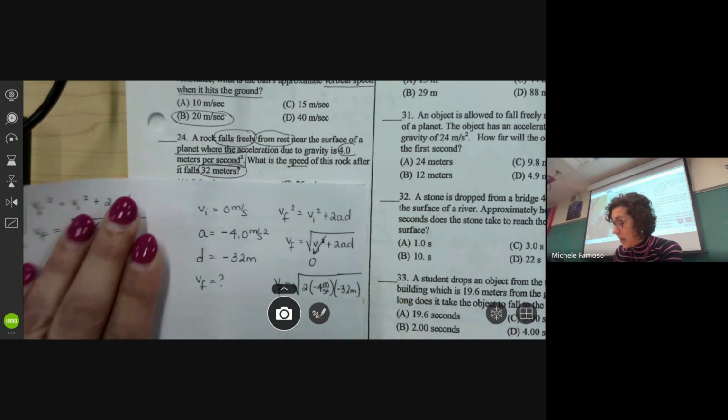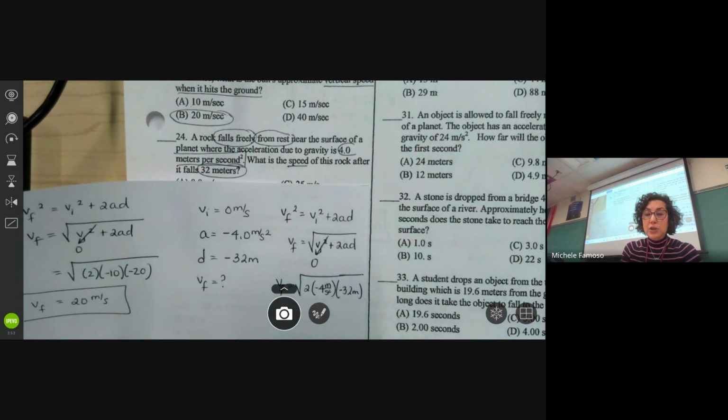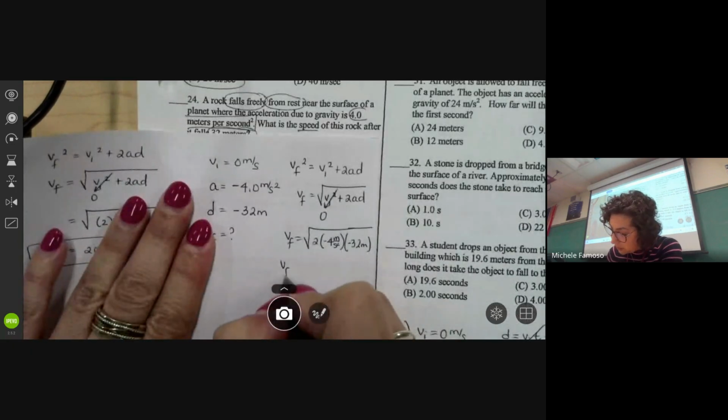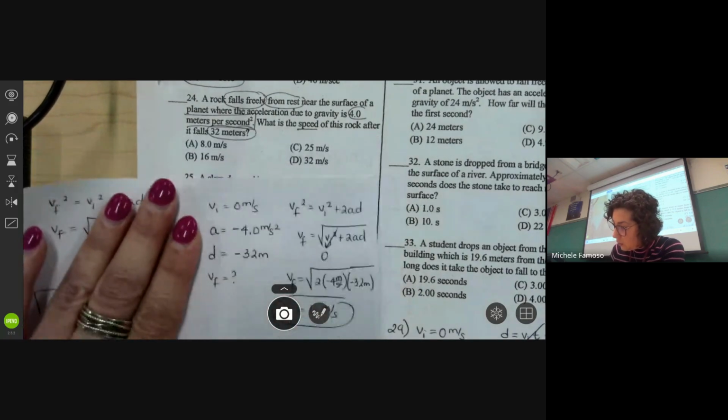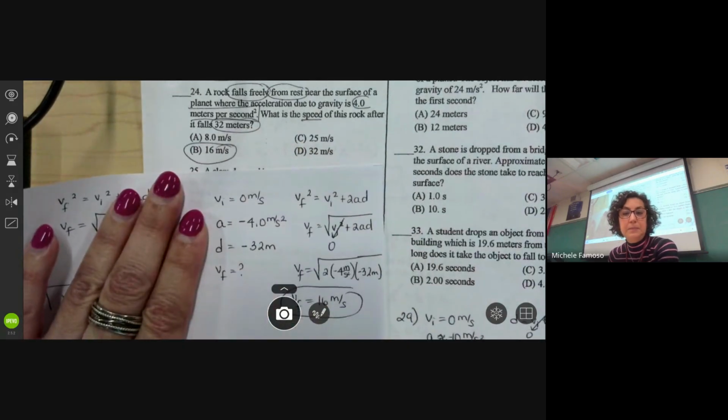So now I can go to my calculator, plug that in. 2 times 4 is 8. 8 times 32 is 256. Take the square root of 256, and you get a final speed of 16 meters per second, which is choice B.